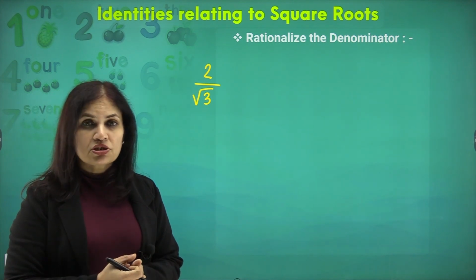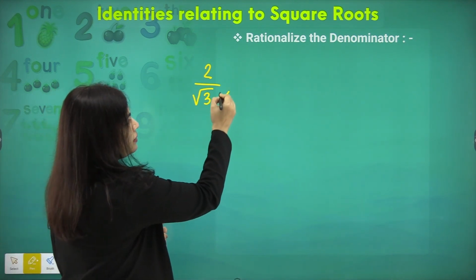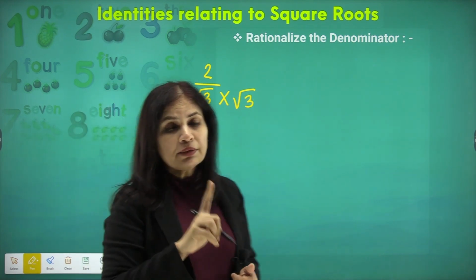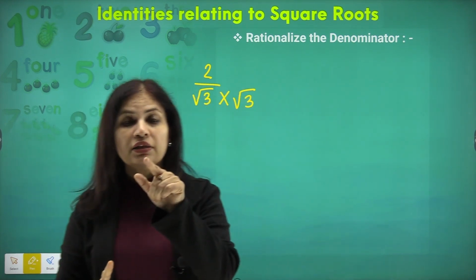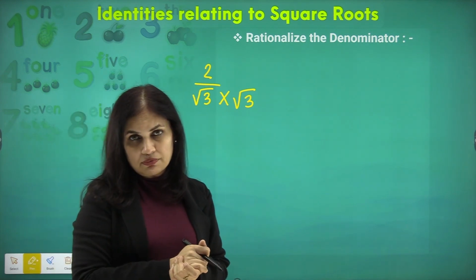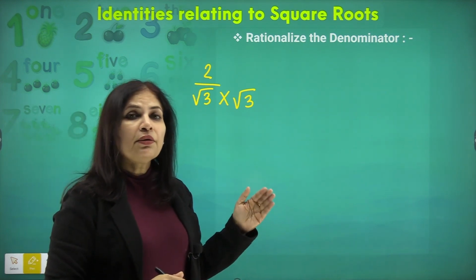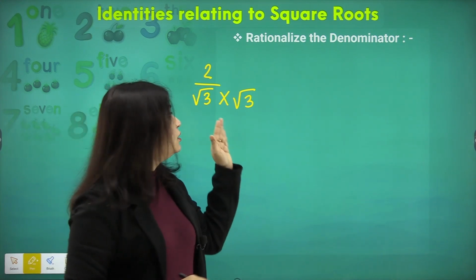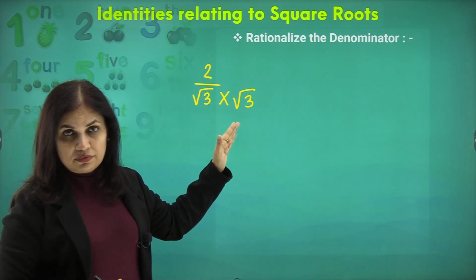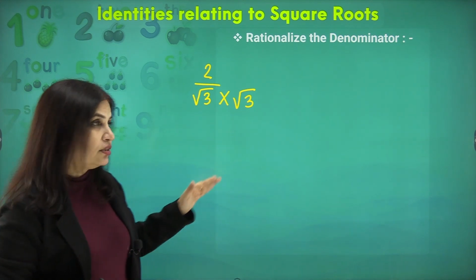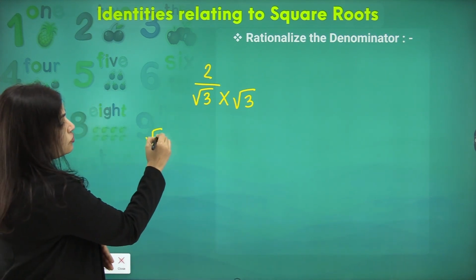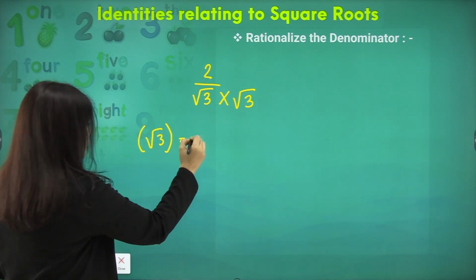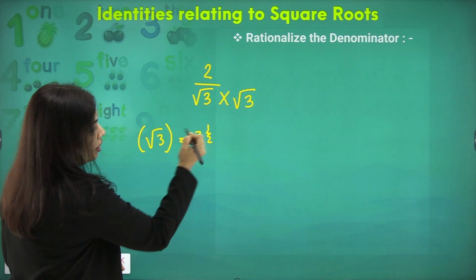I can make it rational by multiplying it with root 3 again, because I know multiplying root 3 with root of some other number will not give me a rational number. But multiplying root 3 by root 3 means squaring it. Squaring it means removing the radical. Root 3 is nothing but 3 raised to the power half.